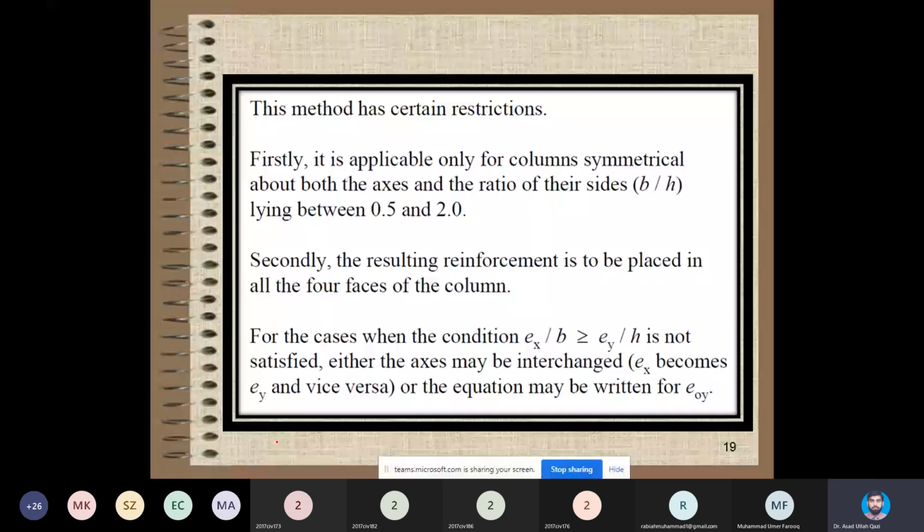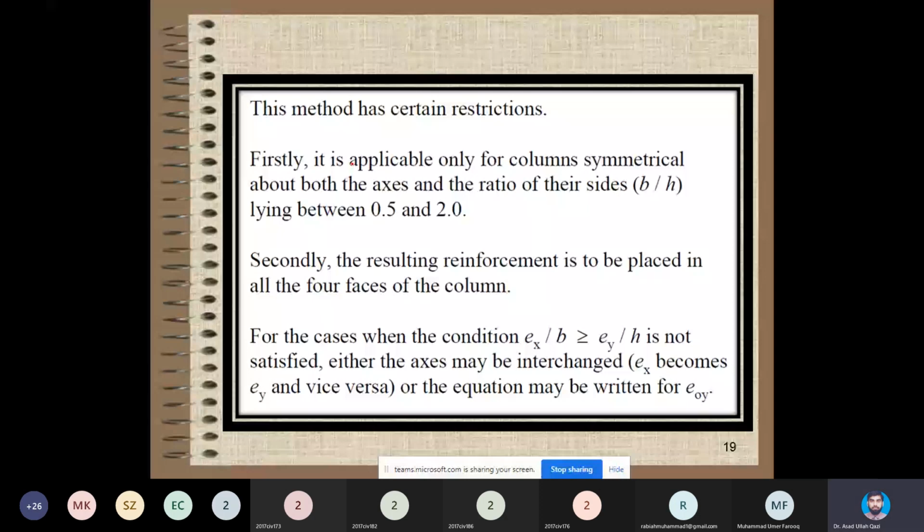Okay, fine. Right. So once you get this exaggerated eccentricity, you can use it for multiplication with the ultimate axial load to get the equivalent uniaxial eccentricity based moment. Now it means you will have Pu and Pu into E naught x as Mu naught y.